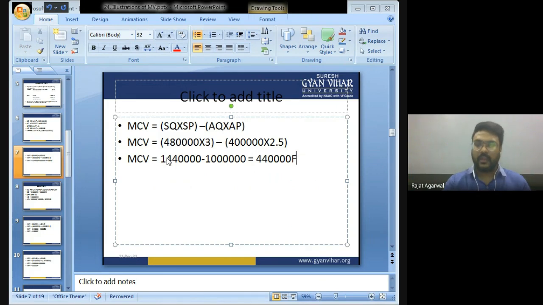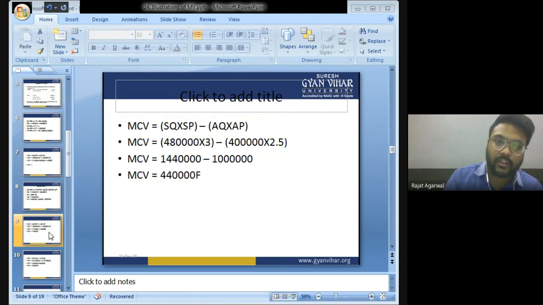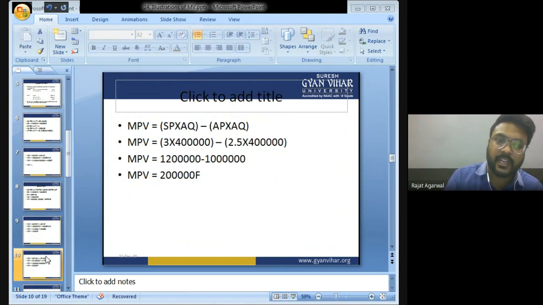Now material price variance. What is the formula of material price variance? That is standard price into actual quantity minus actual price into actual quantity.